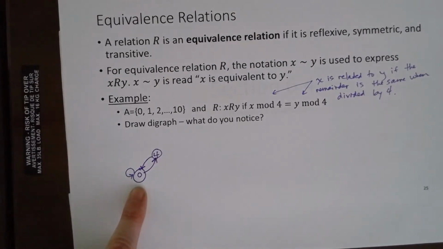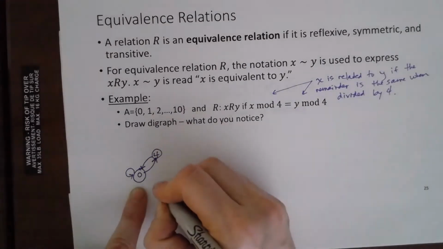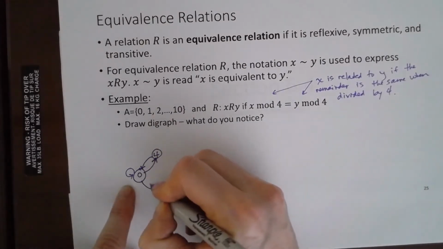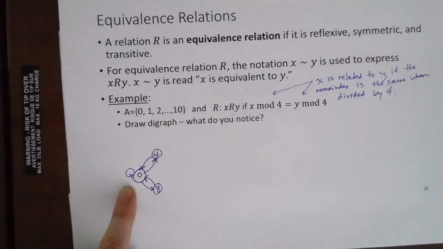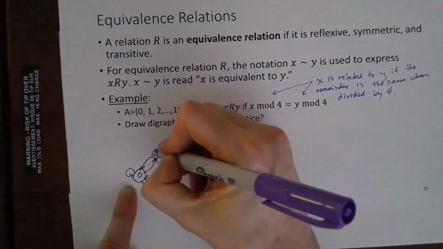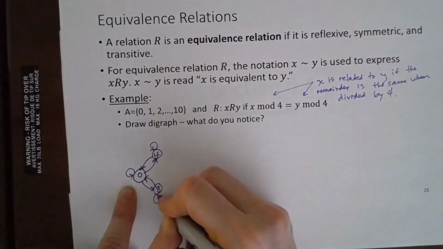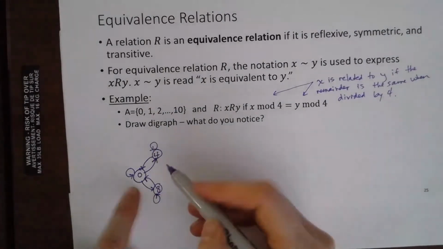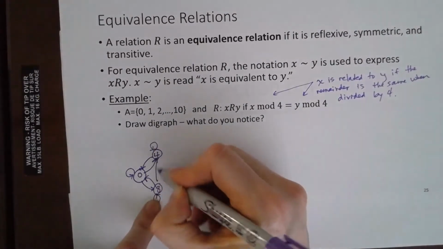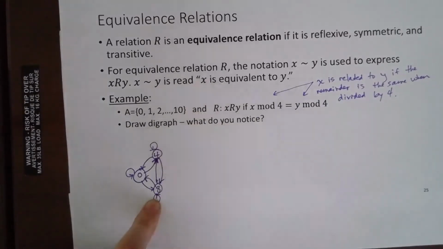Those both have a remainder of 0 when divided by 4. Anything else? 8. So 0 and 8 both have the same remainder when divided by 4. Of course, 4 has the same remainder as itself, 8 has the same remainder as itself, and 4 has the same remainder as 8, and 8 has the same remainder as 4. That seems like all the ones that would be related to 0.